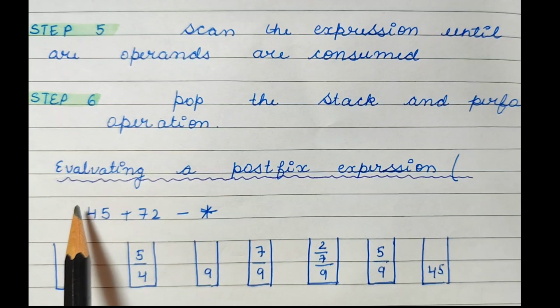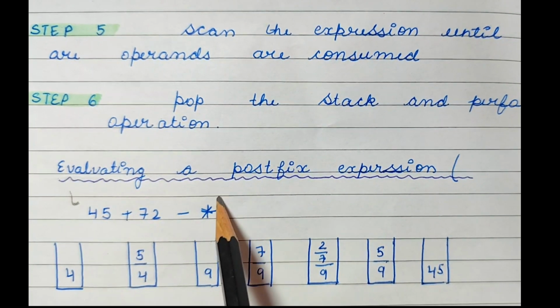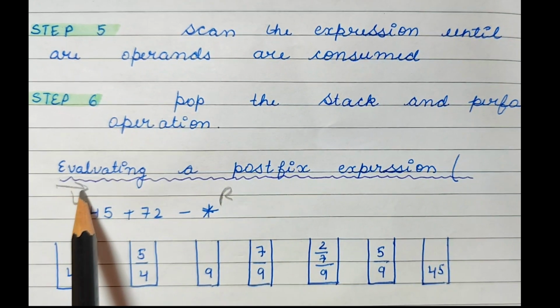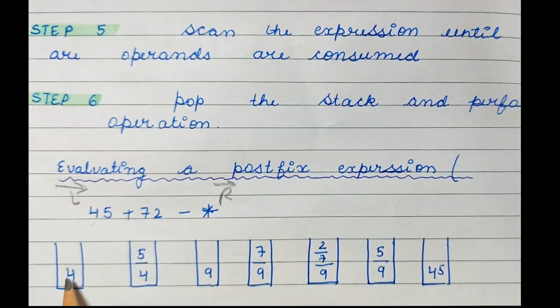Now first we have to perform step number 1, which is to scan this expression from left to right. If an operand comes, push that operand in the stack. Now 4 is an operand, so push 4 in the stack. 5 is also an operand, push 5 into the stack. After this, if an operator comes, that is rule number 3.